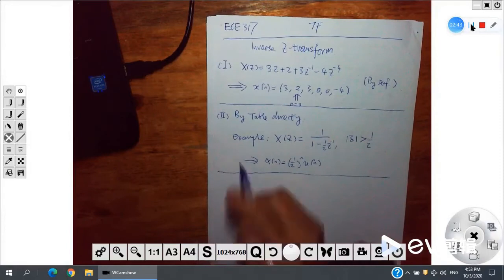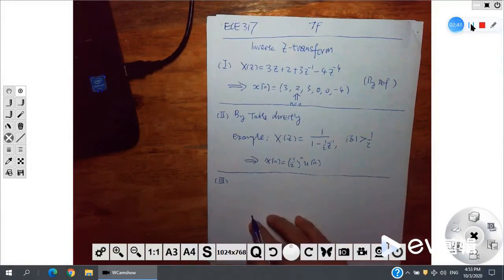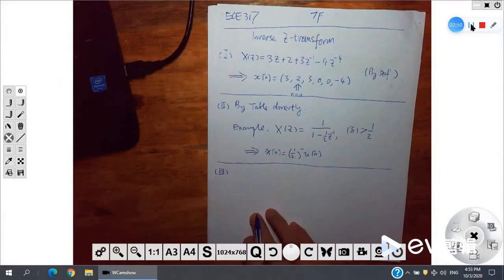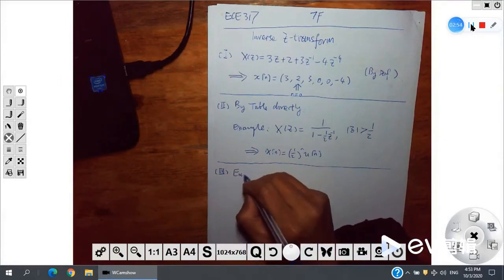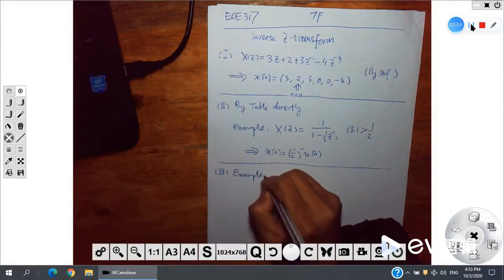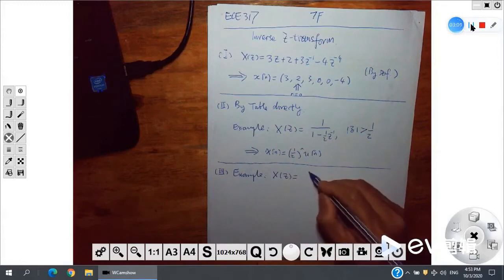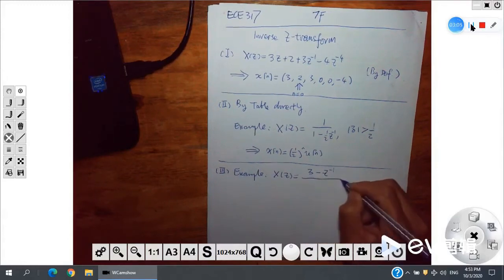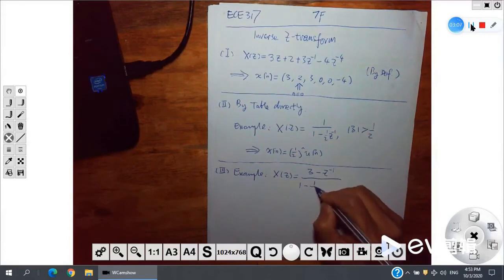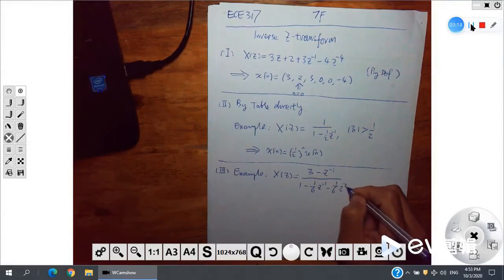And the third case, a little bit complex. You cannot use the table directly, and you need to make some changes. You also use an example to explain it. X of z equals 3 minus z to negative 1 over 1 minus 1/6 z to negative 1 minus 1/6 z to negative 2.